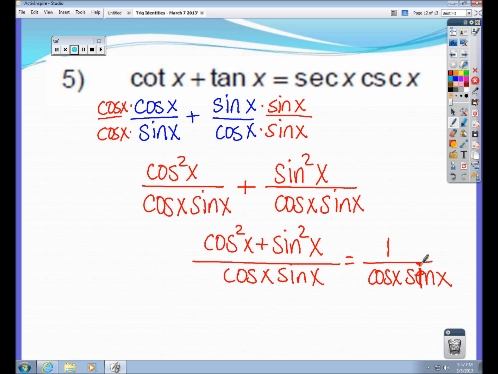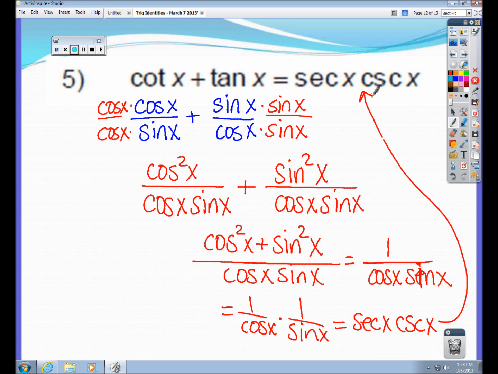Okay, so if I write that as 1 over cosine times 1 over sine, that would be the same thing as 1 over cosine sine. And 1 over cosine is equal to secant, while 1 over sine is equal to cosecant. So that takes me to secant times cosecant, which is what I was trying to get to.